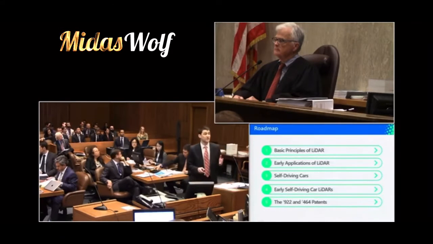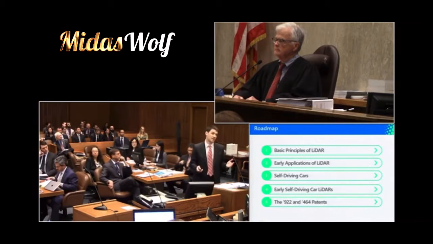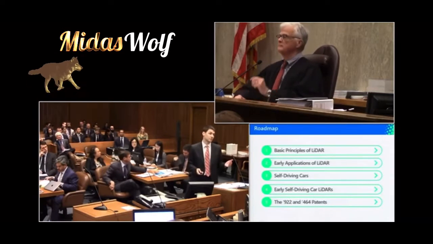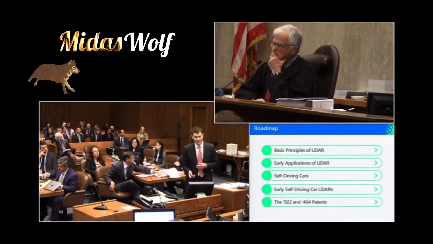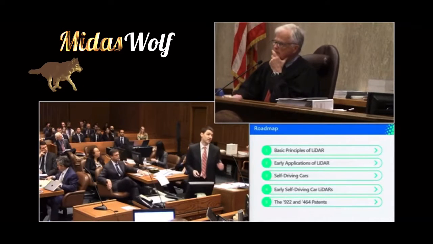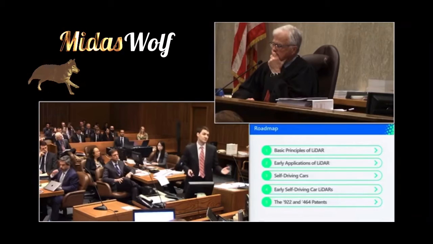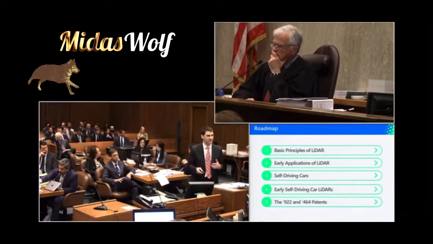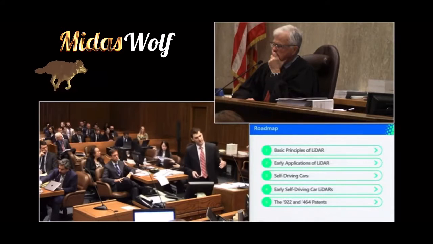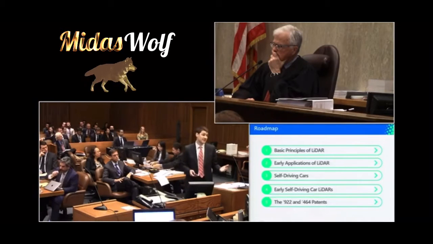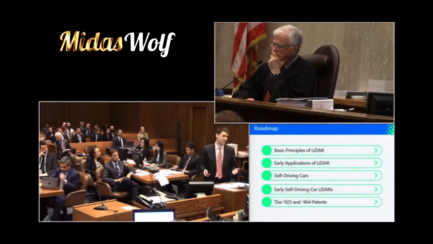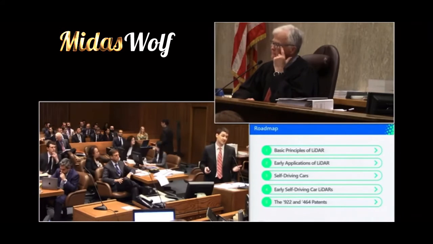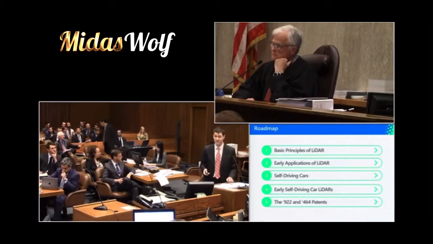So before I get started, I wanted to give you a roadmap of where we're going to go today, the topics that we're going to touch, at least with regard to our portion of the tutorial. The first thing I'm going to talk about are basic principles of LiDAR. What is LiDAR? How does it work? The basic underlying principles at play. Then we're going to transition into early applications of LiDAR, what it's been used for historically. In its most primitive forms, it's actually not that new. It's been around for about 50 or so years.